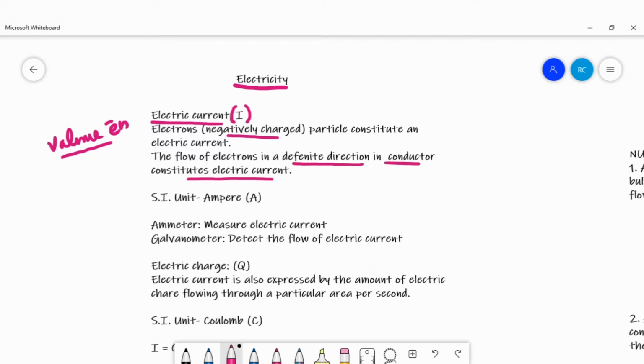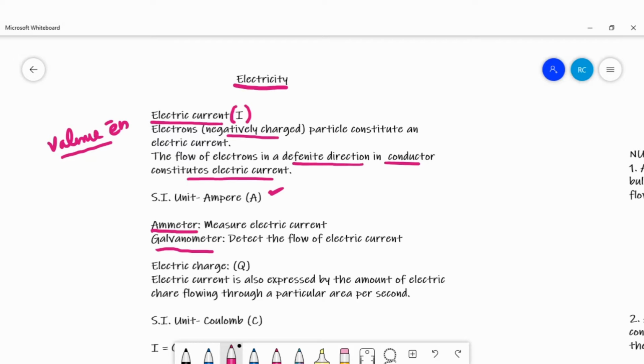Now, the SI unit of current is ampere, and it is represented by capital A. And there are two instruments we especially use for detecting and measuring the electric current. To detect the flow of electric current in a circuit, you can use a galvanometer. And for measuring how much electricity is passing through, you can use an ammeter.